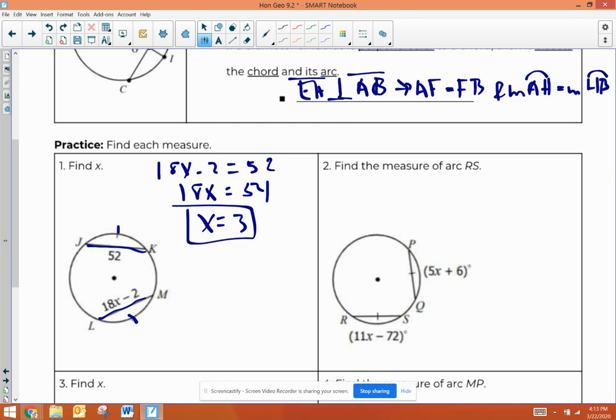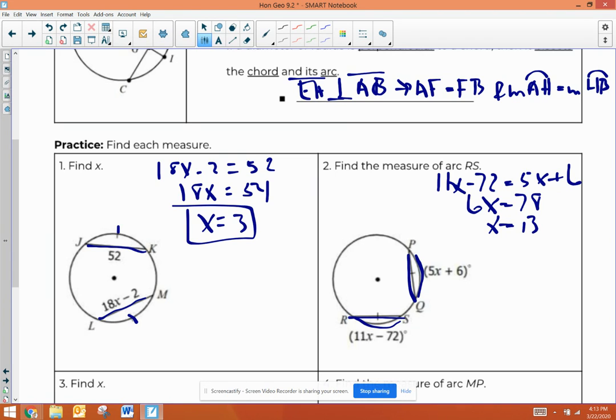All right, find the measure of arc RS. So these chords are congruent, so their corresponding arcs are congruent. So 11x minus 72 equals 5x plus 6. So 6x equals 78. And I think x is 13. And it is.